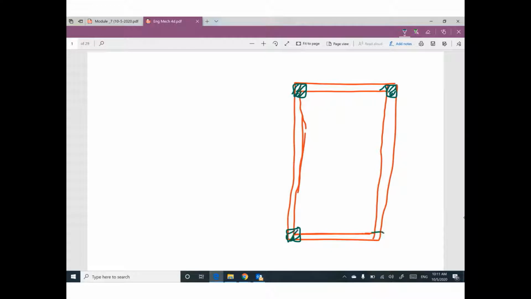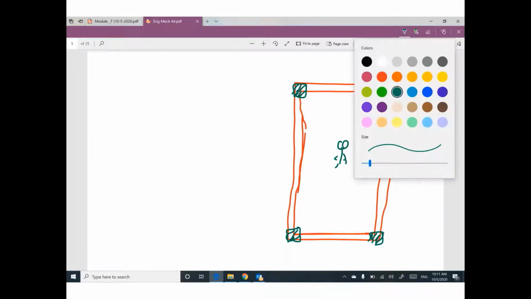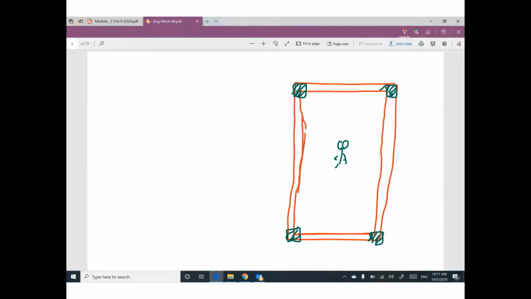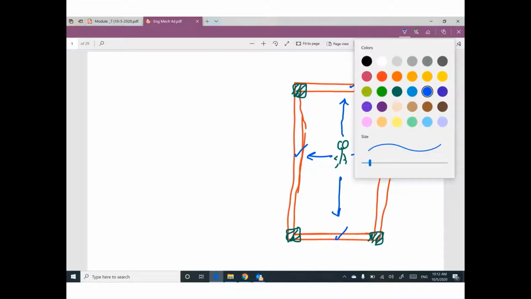If you are standing here, your load will go in this direction, so you will find a support here, beam and beam. Your load will move in this direction and this direction because you will find a beam here and a beam here. However, your load will not move in this direction and this direction.